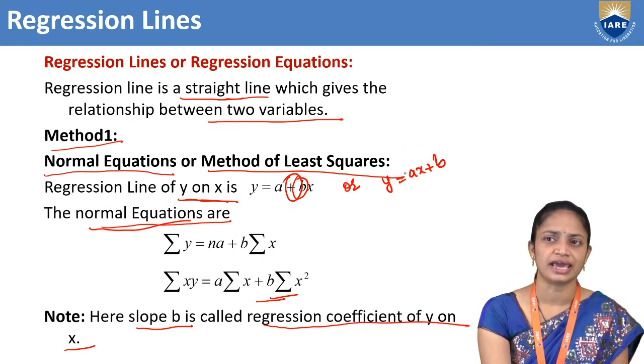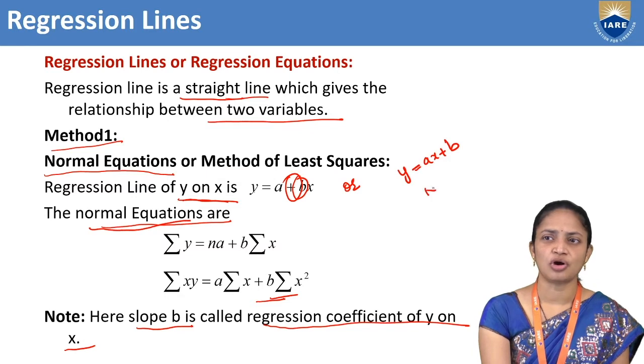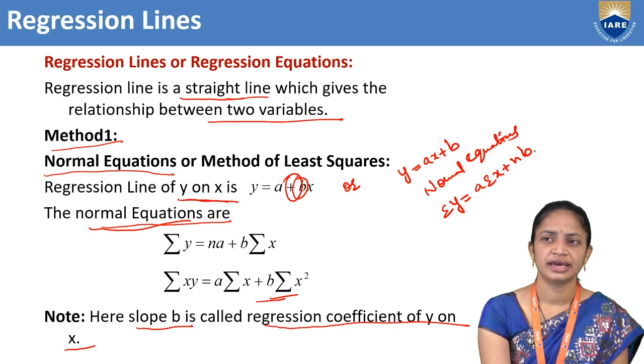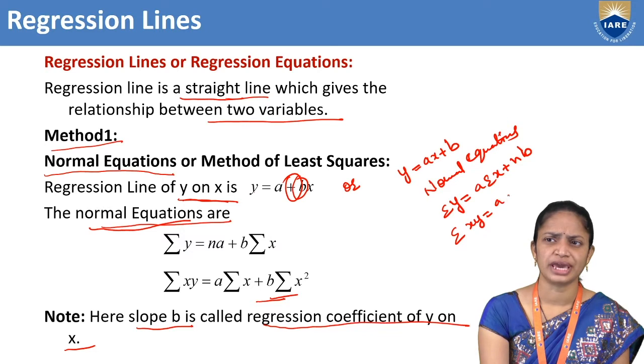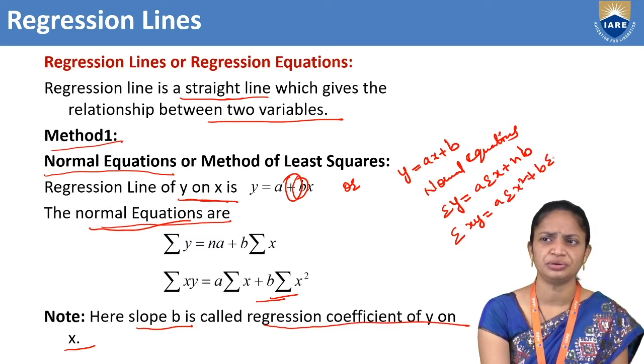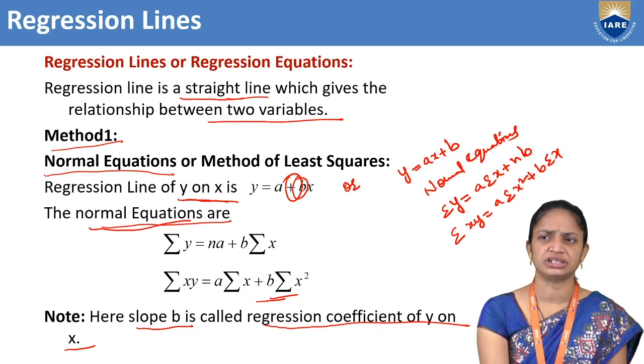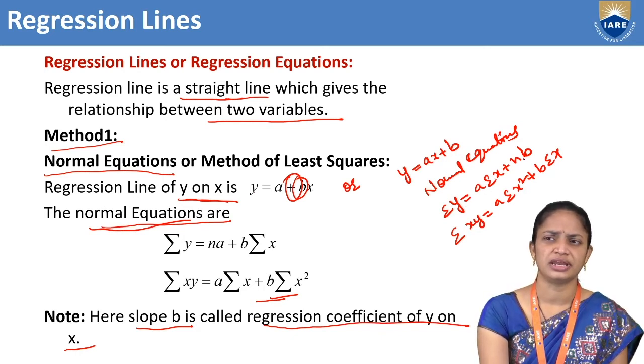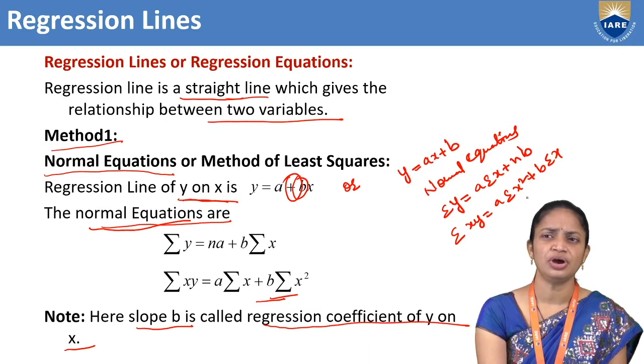If you write y equal to ax plus b, then the normal equations for this straight line or regression line of y on x are: summation y equal to a into summation x plus nb, and summation xy equal to a into summation x square plus b into summation x.